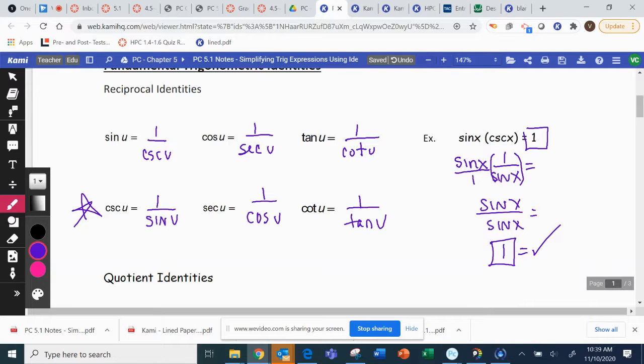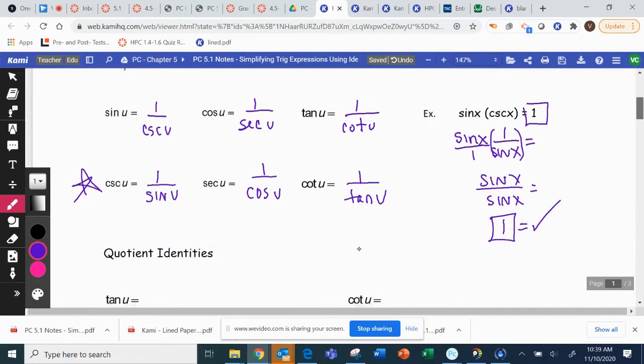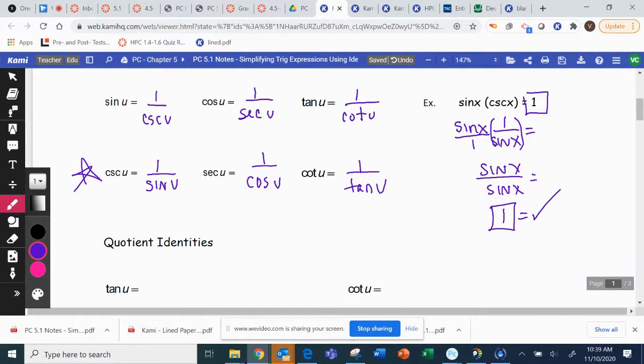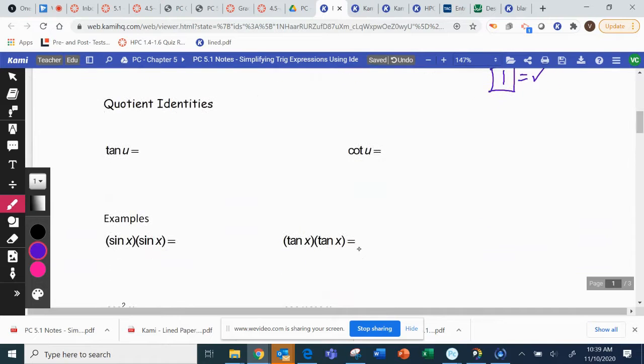So that's where I might use a reciprocal identity to manipulate equations and expressions. They're called reciprocal identities because we are using the reciprocal. Quotient identities are called quotient identities because the stuff on this side is dividing stuff.